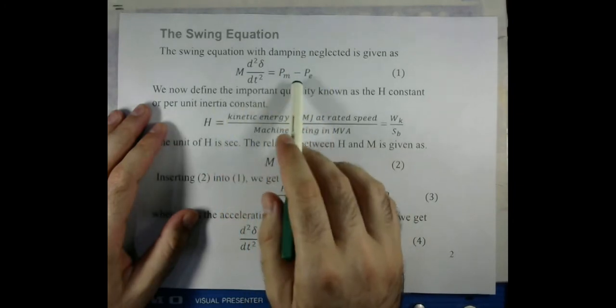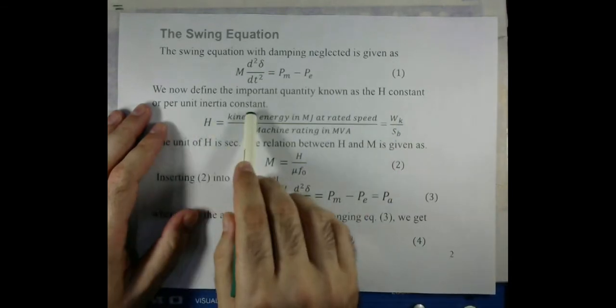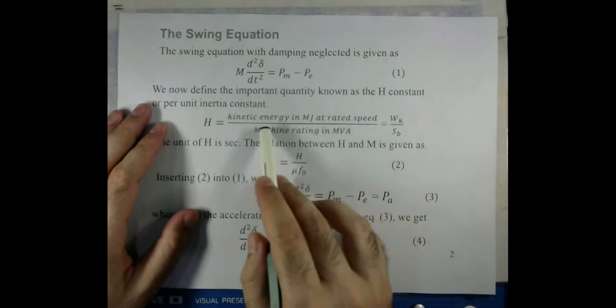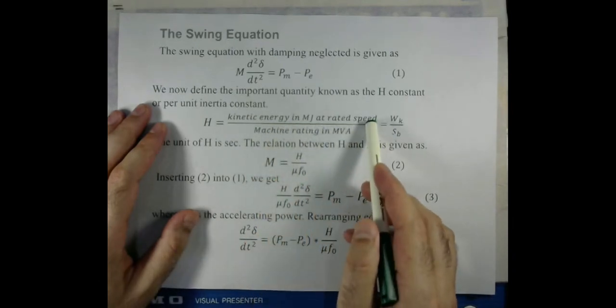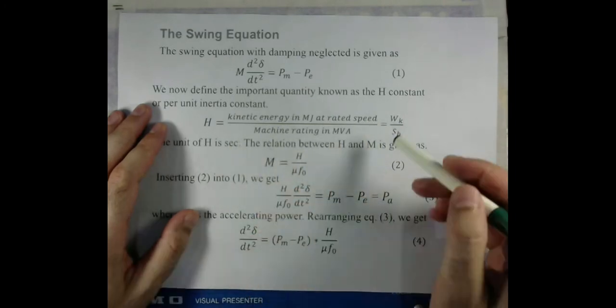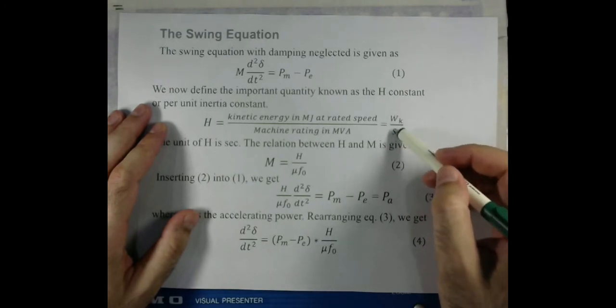And now let's say we define an important quantity known as the H constant, or per unit inertia constant. So H is another constant related to the kinetic energy in the machine in megajoule at rated speed, divided by the machine rating in MVA. So H is the ratio of the kinetic energy stored in the machine over the rating of the machine in MVA.